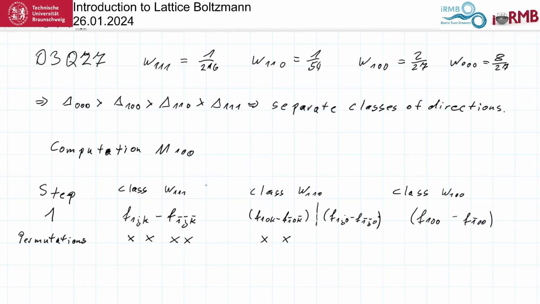Here are 2 permutations, so K can be 1 or minus 1, and here J can be 1 or minus 1, right? So J cannot be 0, because otherwise it would be in the other class. Okay? And here there's only this 1 permutation. Okay, so what we see is we have 4 permutations in this one class, 4 permutations in the other class, and 1 permutation in the last class.